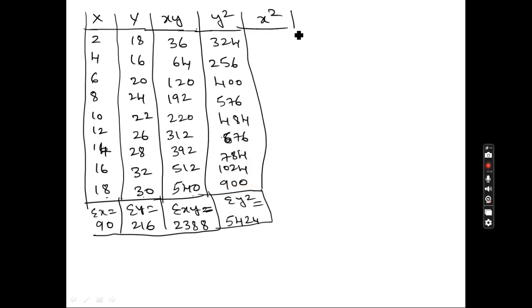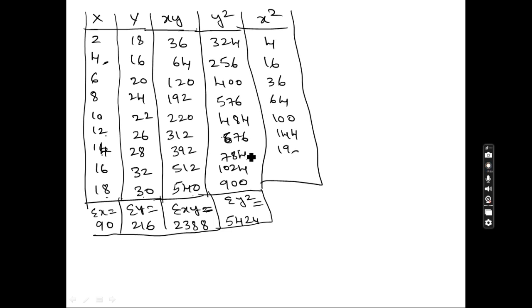So when you do the x square: 2 square is 4, 4 square is 16, 6 square 36, 8 square 64, 10 square 100, 12 square 144, 14 square 196, 16 square 256, and 18 square 324.